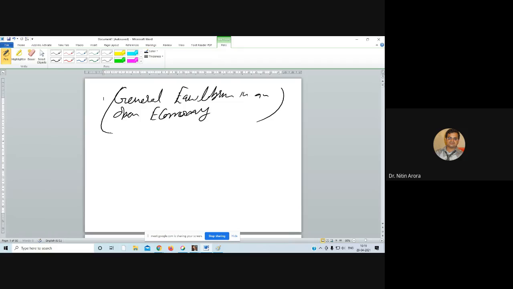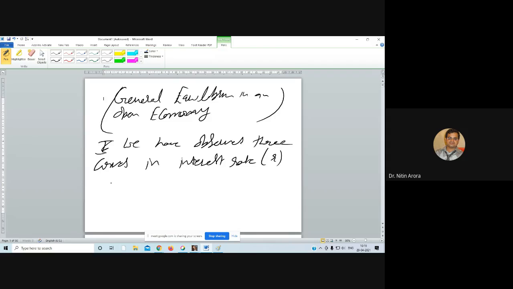Now we have observed three curves in interest rate R and income Y space.